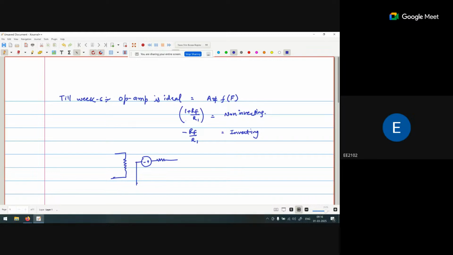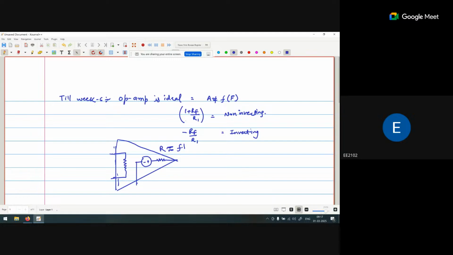Now, if we are talking about the simplified internal diagram of this operational amplifier, it consists of a resistor, and this resistor's value R is also dependent on frequency.